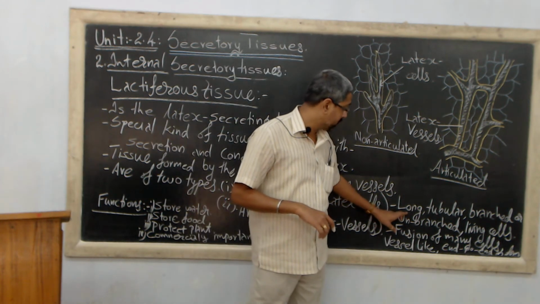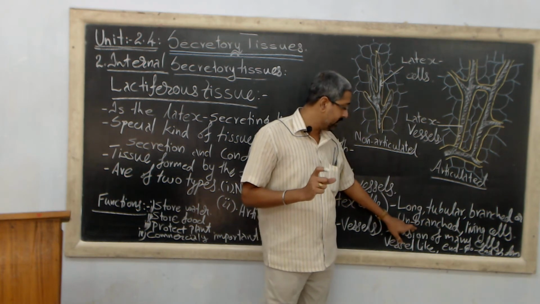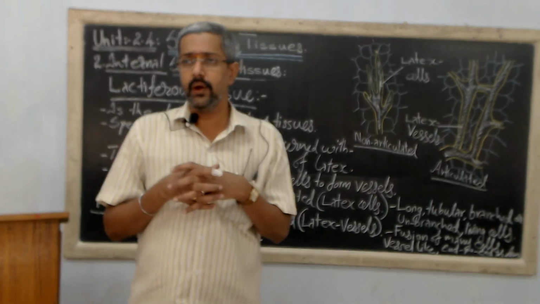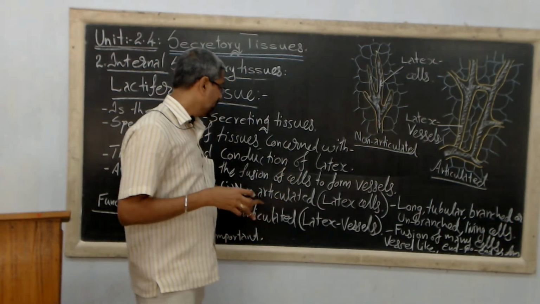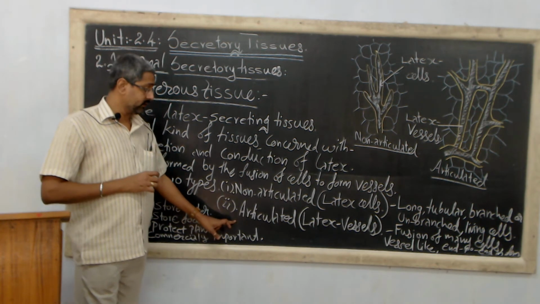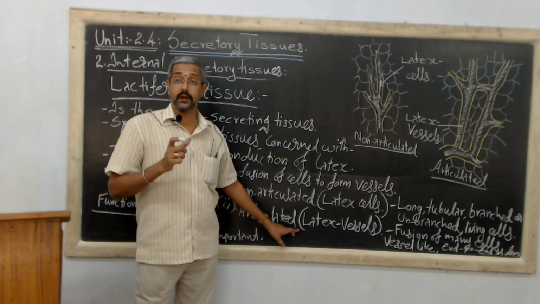The cells are long, tubular, branched or even unbranched living cells, which collectively form the non-articulated laticiferous tissue. And coming to the second one, articulated laticiferous tissue, it is otherwise called latex vessels.